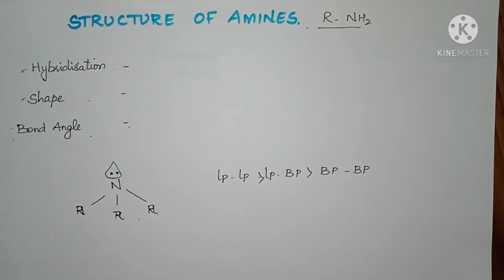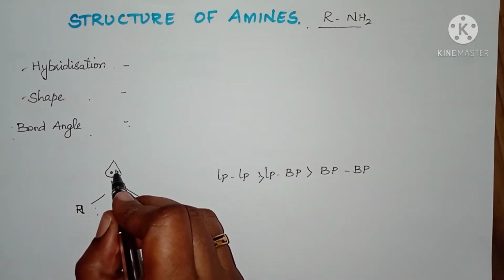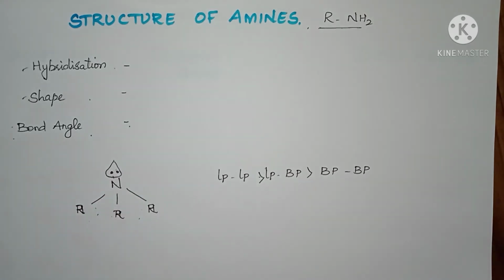Here, due to the higher lone pair to bond pair repulsion, as the lone pair is there, it is pushing downwards. So the tetrahedral distribution of sp3 hybrid orbitals gets distorted.